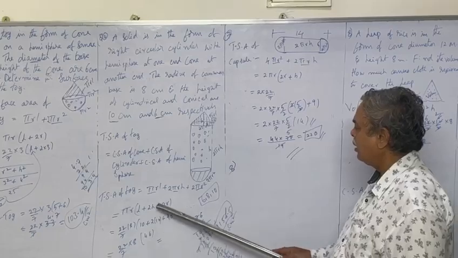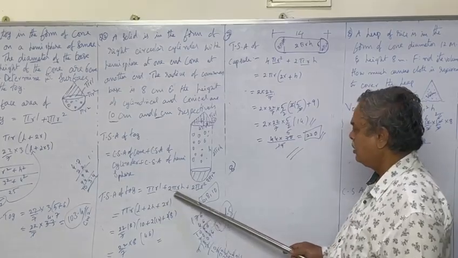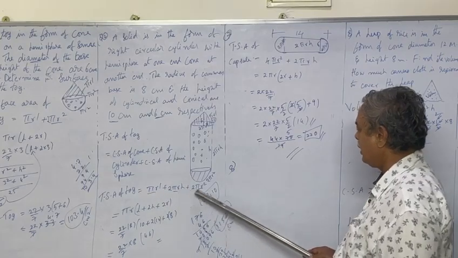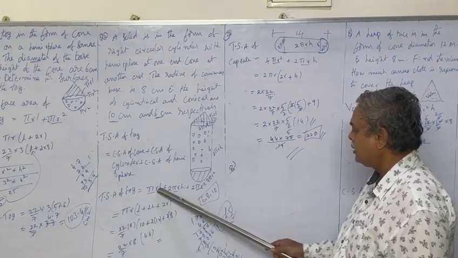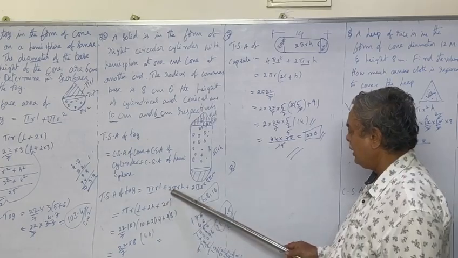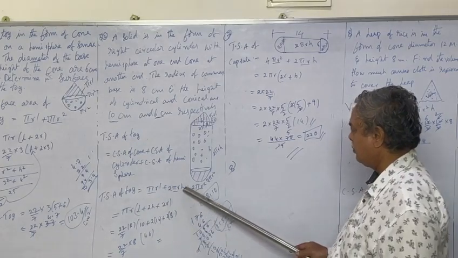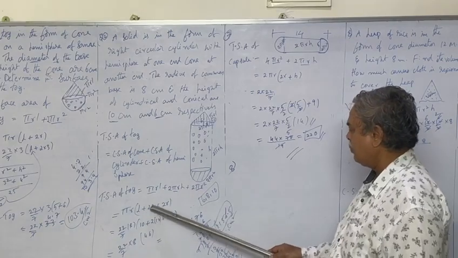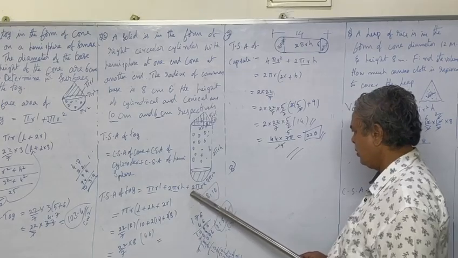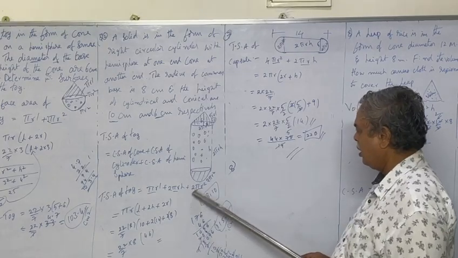So I have taken out pi r as common. Here pi r, here also pi r. If we take pi r out, l remains here, and 2h remains here: l plus 2h, plus 2r retained after leaving pi r.